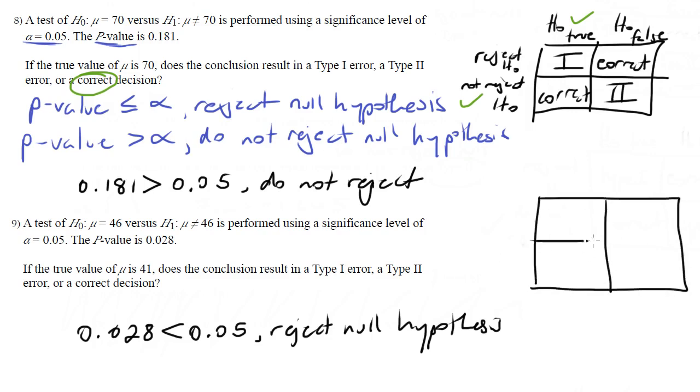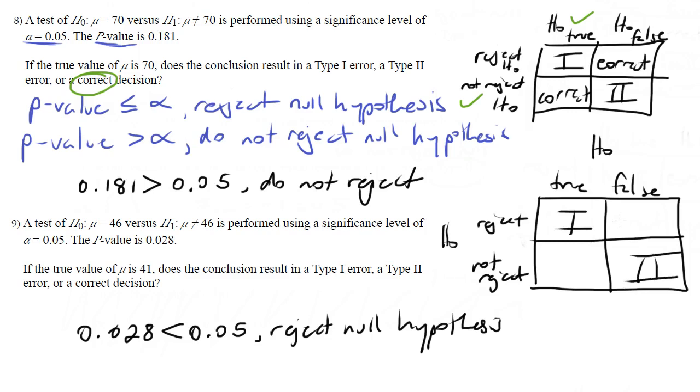So I've got our table again. H0 true, false. H0 reject, not reject. I'm being a little smarter now, right? Type 1 error, type 2 error, correct decision, correct decision. So the true value of the population mean is 41, which is different than 46, right?